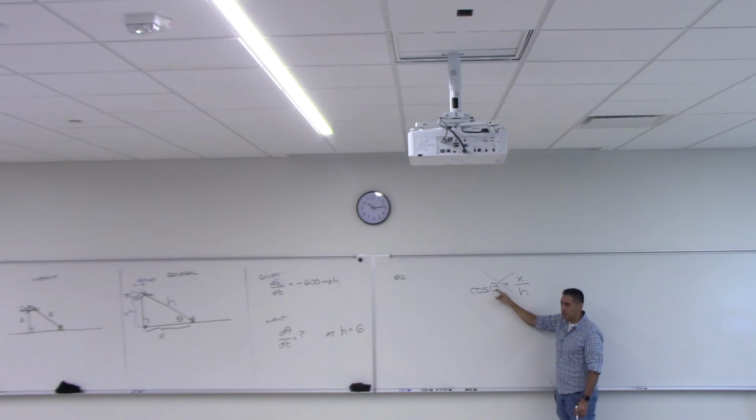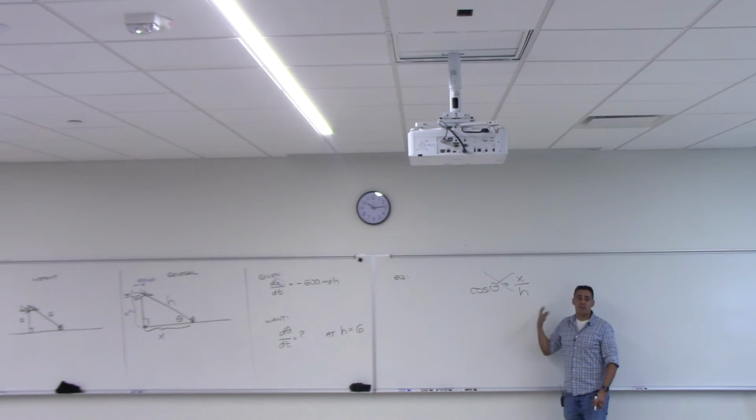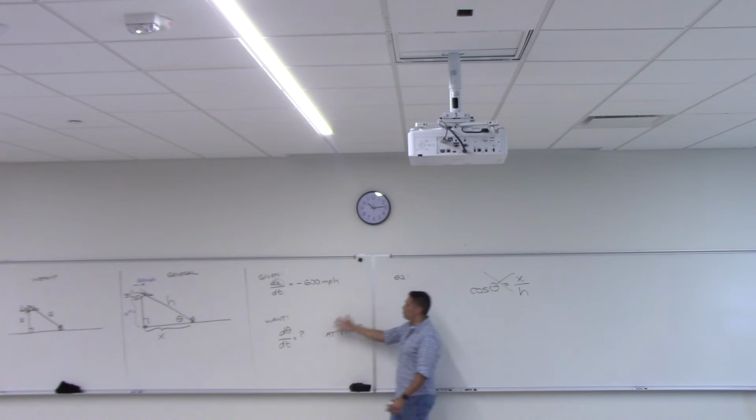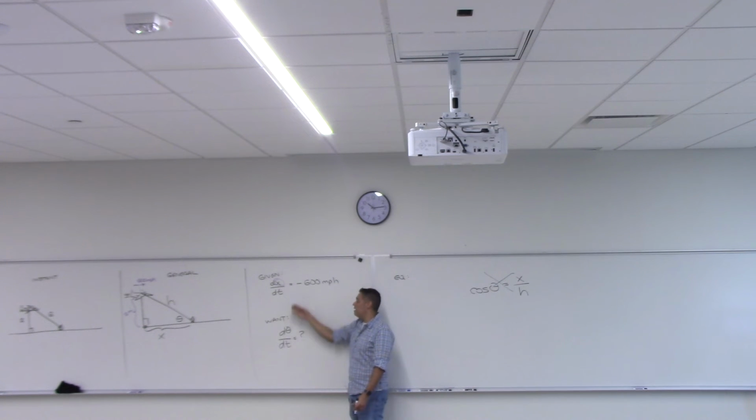Like you'll have to differentiate theta, x, and h. And since we're differentiating with respect to time, we're going to get a d theta dt out of this, a dh dt, and a dx dt. So that means we better have information about all of those, or we better have information about one and want the information about the other. But here we would have three things of which we only know two, or only two of them are useful. Yes?